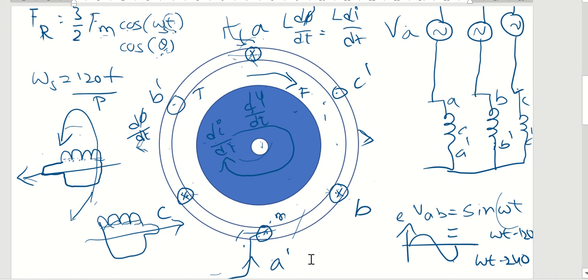Initially the d phi by dt is very high, so it develops a large di/dt. A large current will be developed, and again this large current has to oppose this flux.